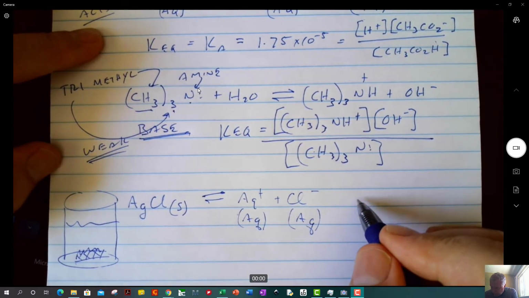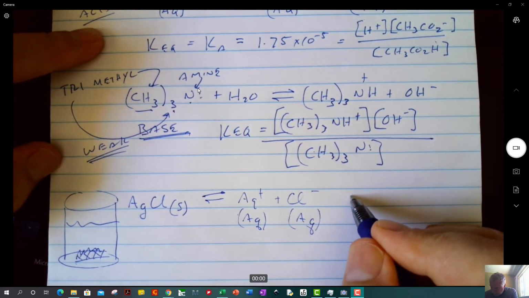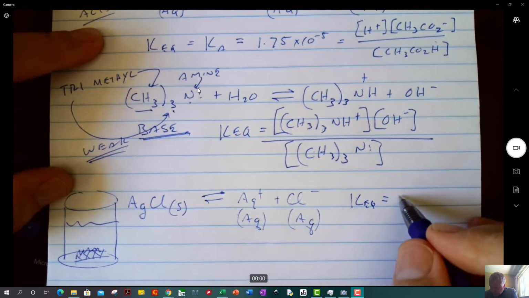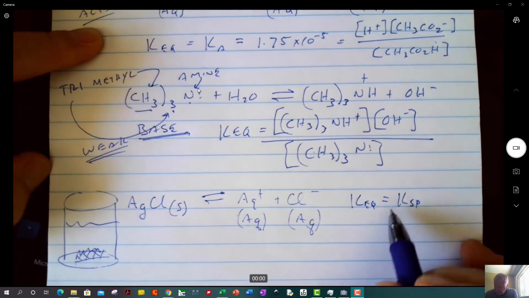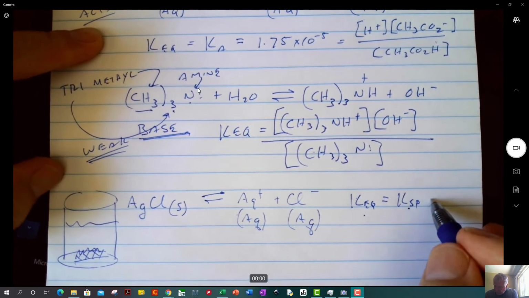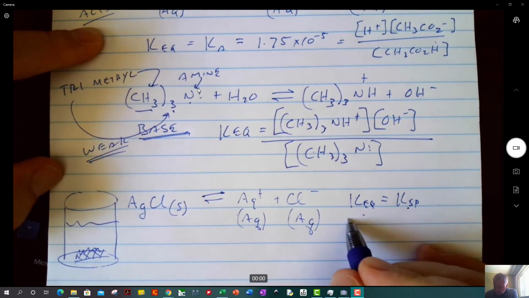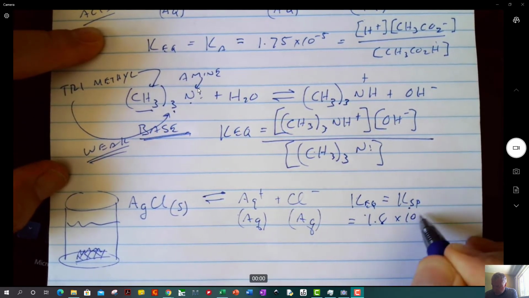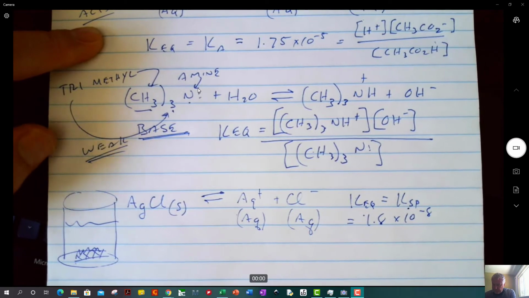And then the KEQ for this is called KSP, right? Just another name for KEQ, and that is equal to 1.8 times 10 to the minus 8, right?